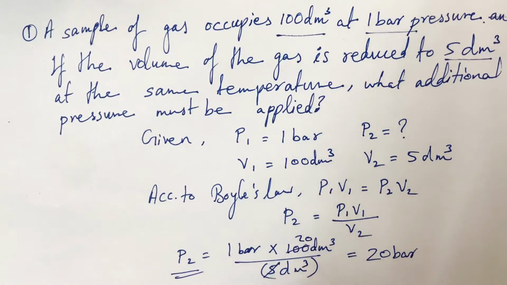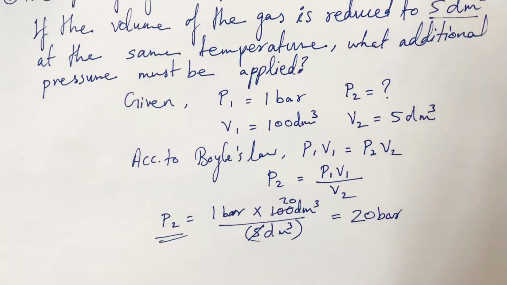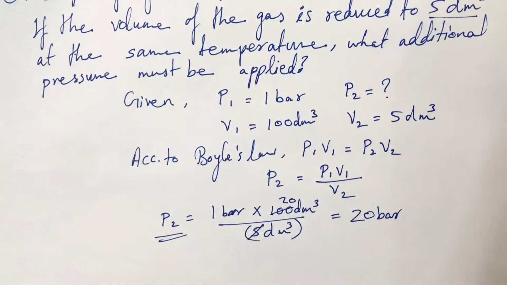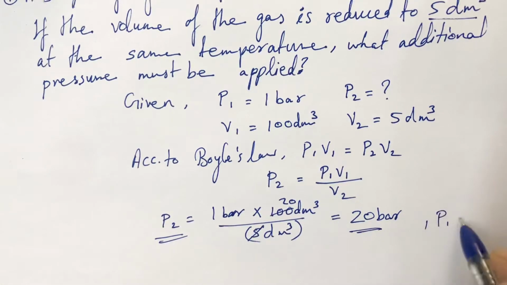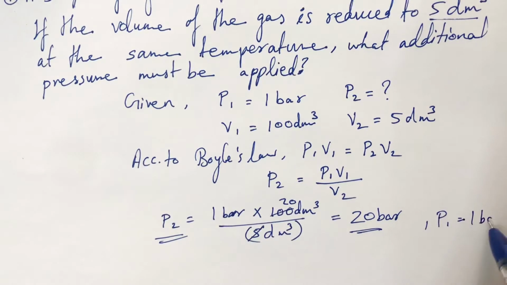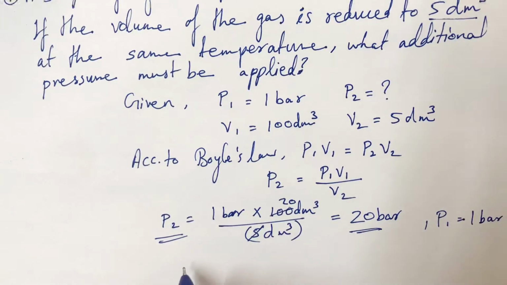What the question asks is what additional pressure must be applied. Here P2 is actually 20 bar, and we know that P1 is equal to 1 bar. So how much is the additional pressure?